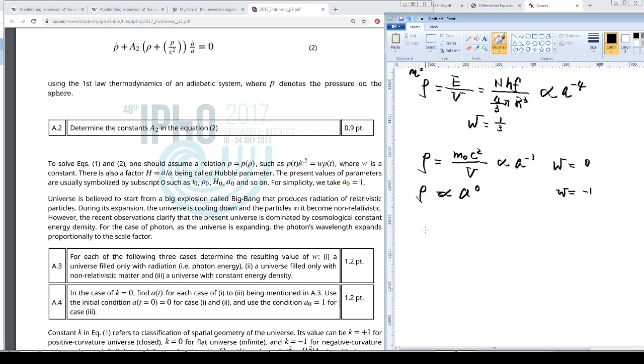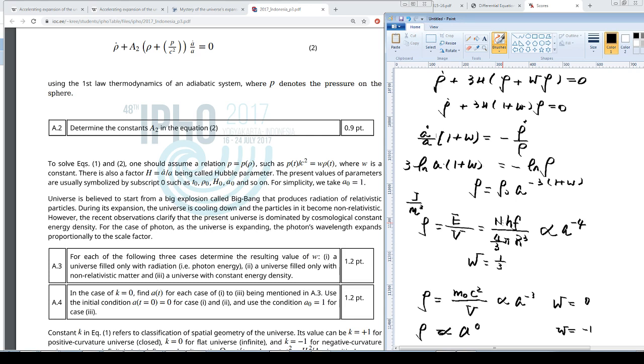So the second term is just gone. So h squared equals a1 rho. But rho is what we just derived.